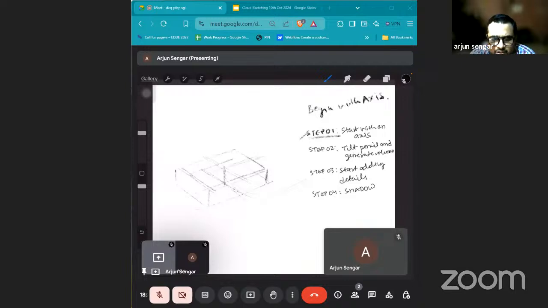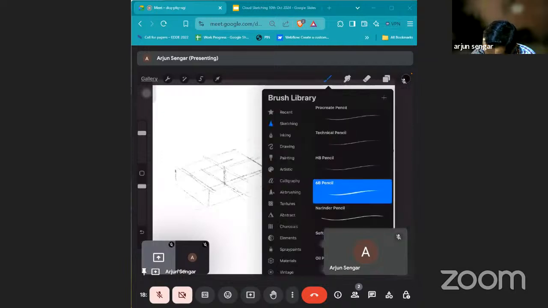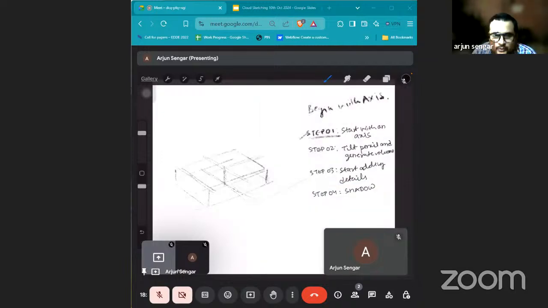So a box-like structure has come initially. Again, I am using the pencil in a tilted manner.